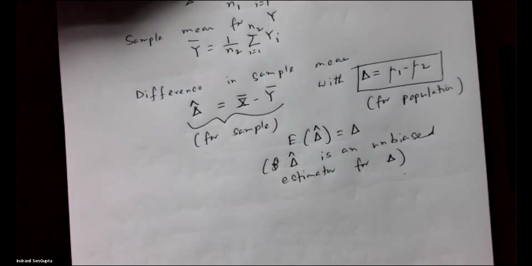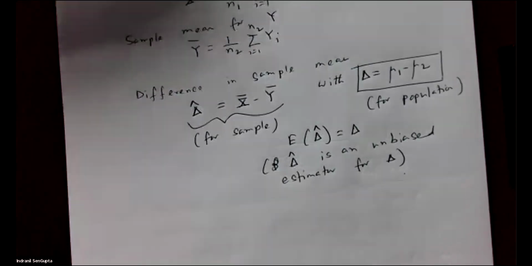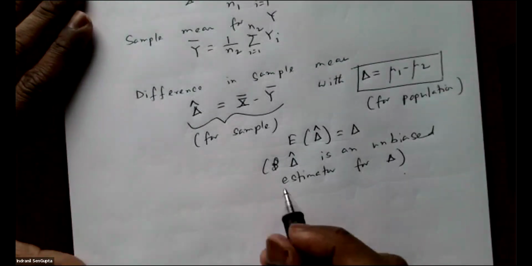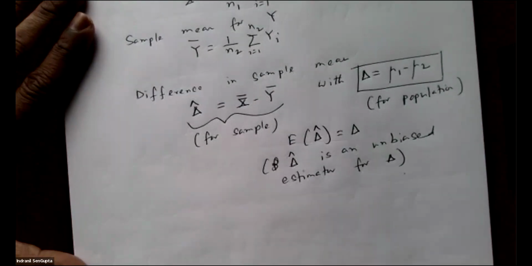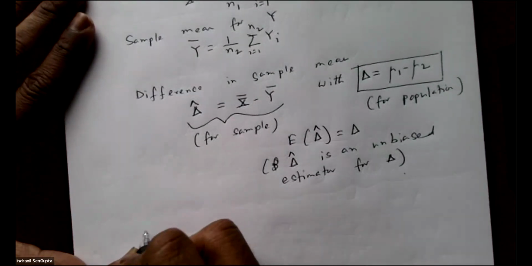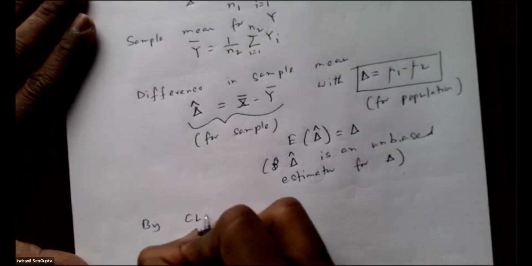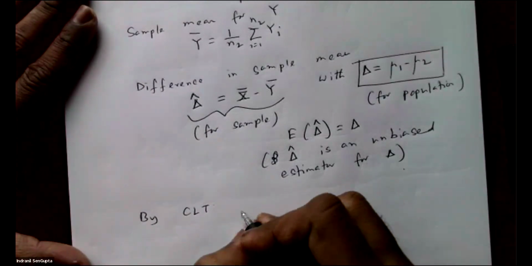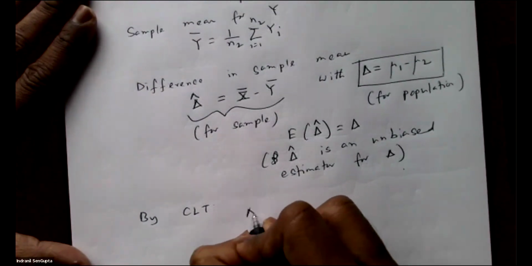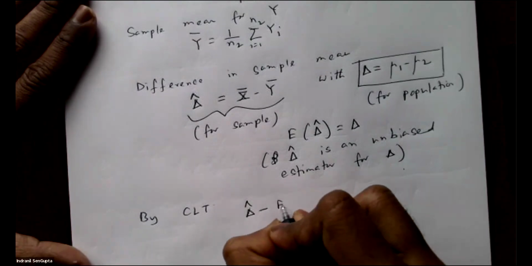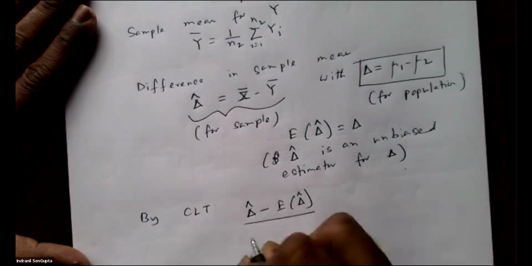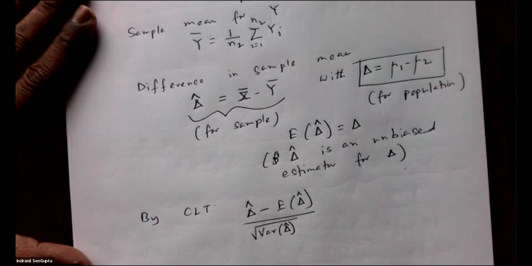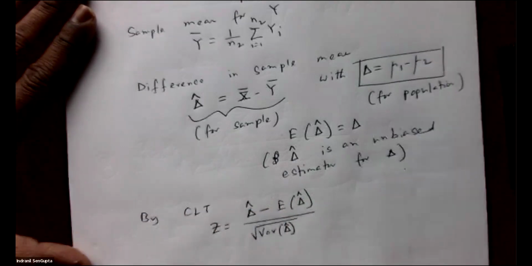Now, remember that by the central limit theorem, we have no control over the distribution, but what we know is the following. By the central limit theorem, we know that for large n1 and n2, this quantity, delta hat minus E of delta hat over square root of variance of delta hat, is approximately normal, right?